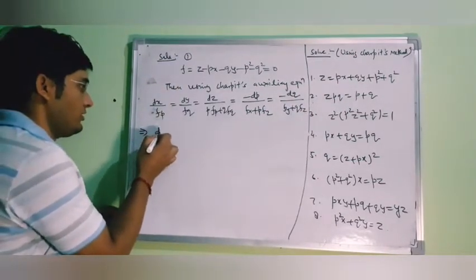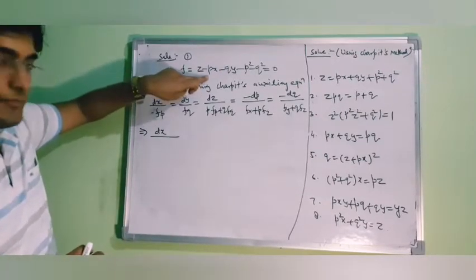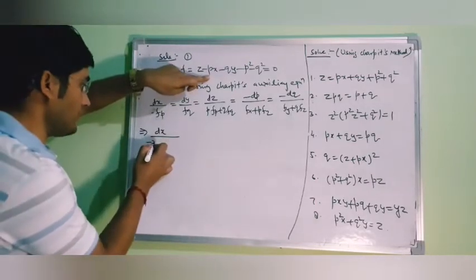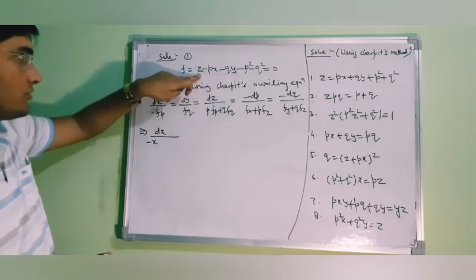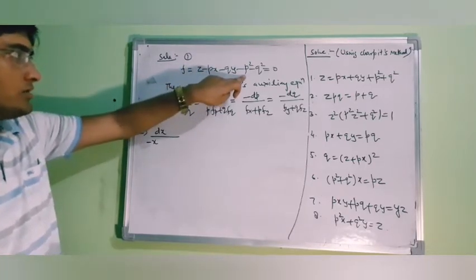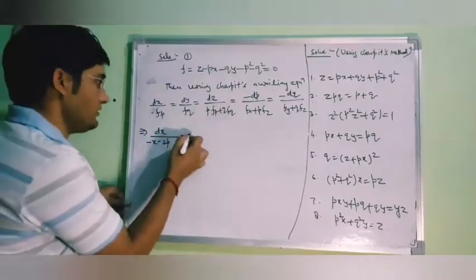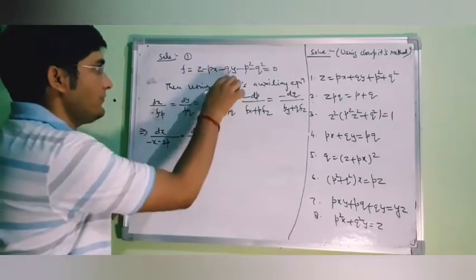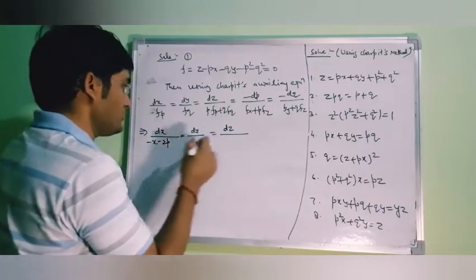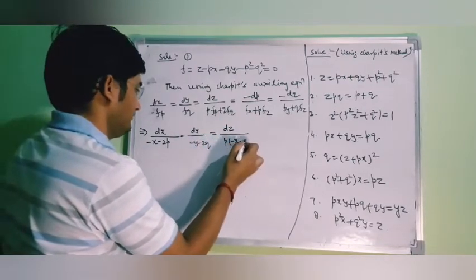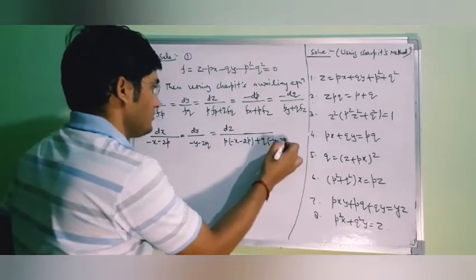Now from here we have dx upon fp. The partial differentiation of f with respect to p: the differentiation of p will be 1, so we get minus x, and as we are differentiating partially, the differentiation of z will be 0, of qy will be 0, and of p square will be minus 2p. So this is your fp. Similarly, your fq will be minus y minus 2q. Then your dz will be p times this term plus q times minus y minus 2q.